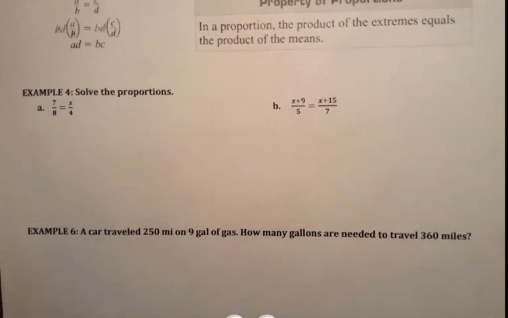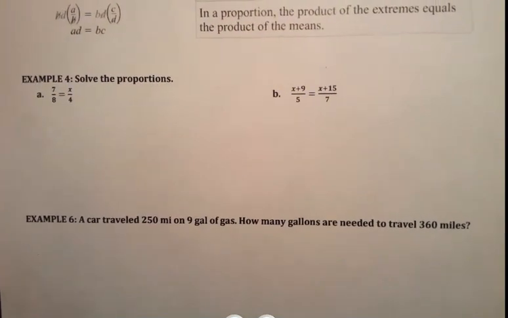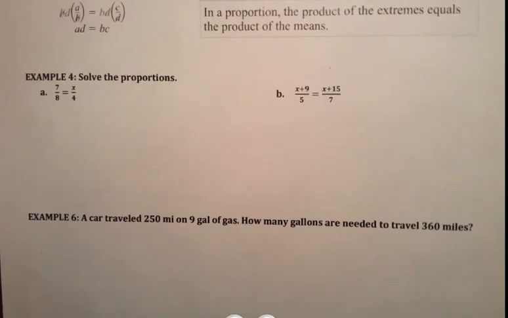So let's put that into action. In order to solve the proportion, we're going to take the product of the extremes, 7 times 4, equal to the product of the means, 8 times x. So 7 times 4 equals 28, and that equals 8x.